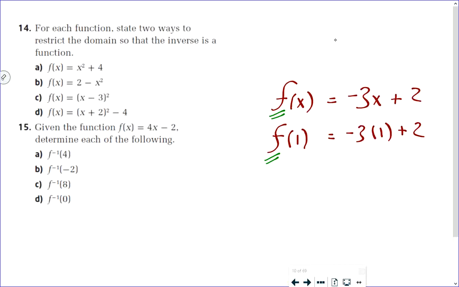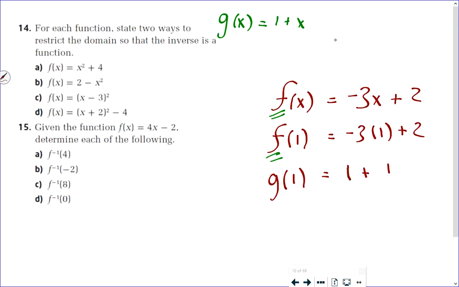If I said to you, what is g of 1, well, you would need to find the function that is g of x, wouldn't you? So you'd look around and maybe someplace in the question you would see, oh, g of x equals 1 plus x. And if that was what g of x was, then what you would do is you would go 1 plus this 1 that you're putting in.